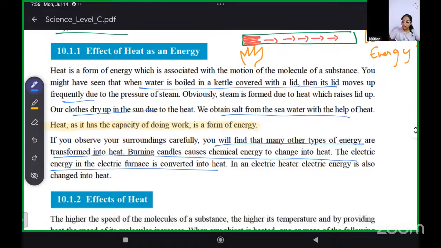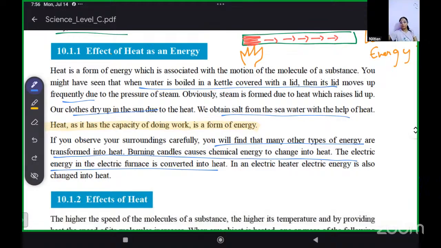What is this? If you take a look at burning of a candle, we know that burning of a candle is chemical energy, and it changes to heat. Why? Because heat is produced when we burn a candle.